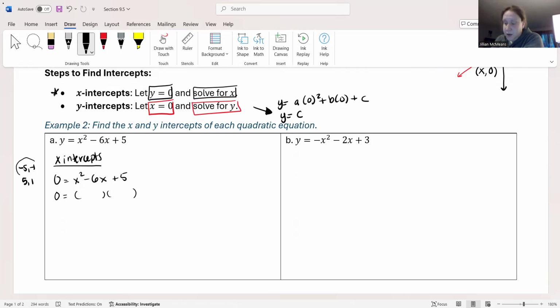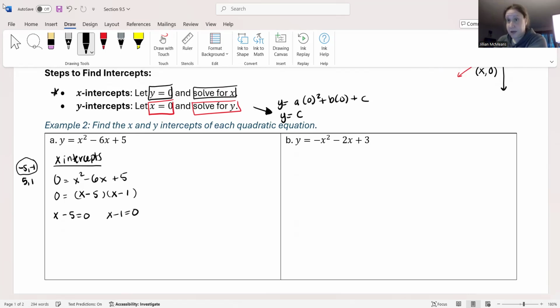Well, yeah. This pair of factors adds up perfectly. If I take -5 times -1, I get +5. And if I take -5 plus -1, I get -6. So I would just say this is x minus 5, x minus 1. So we have factored. Now we apply the zero product principle. I take each factor of my product and I set it equal to 0.